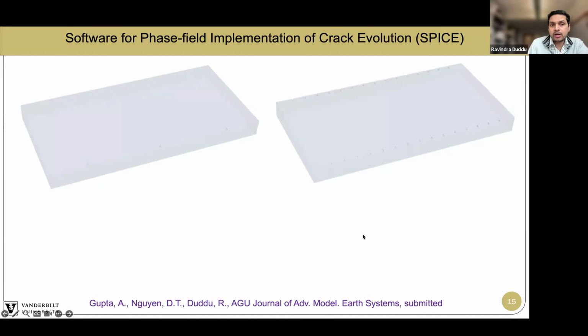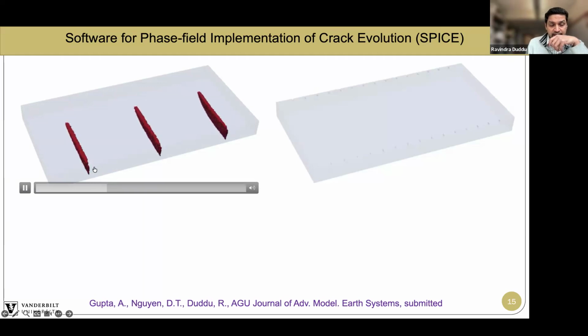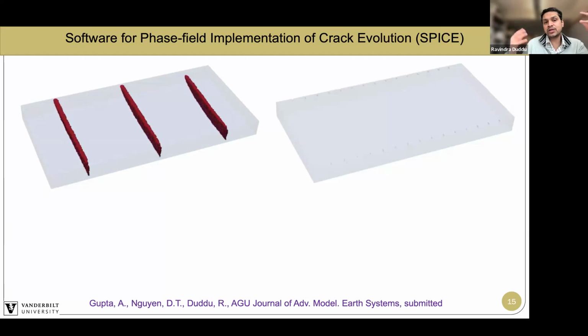And I'm showing a couple of results where we take the same phase field formulation with some brief modifications, and we do isolated crevasses in 3D, which first propagate from the surface to the depth, and then they start propagating in plane and sort of forming these precursors for rifts, right?